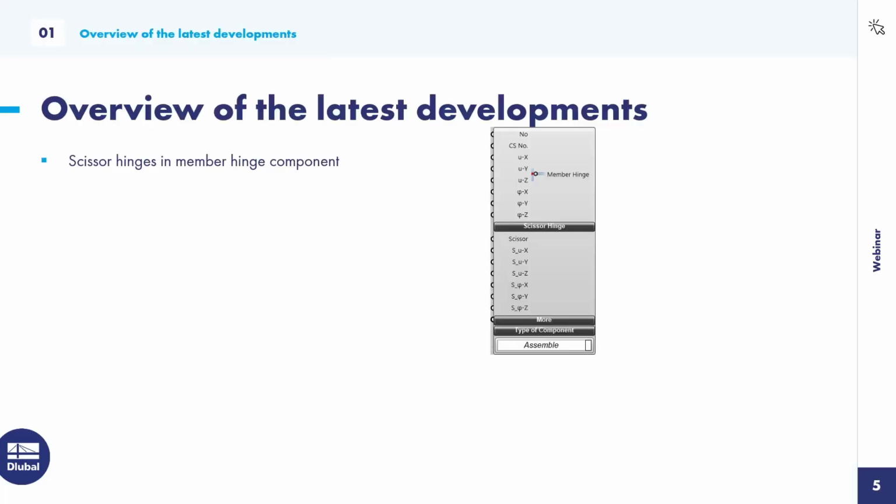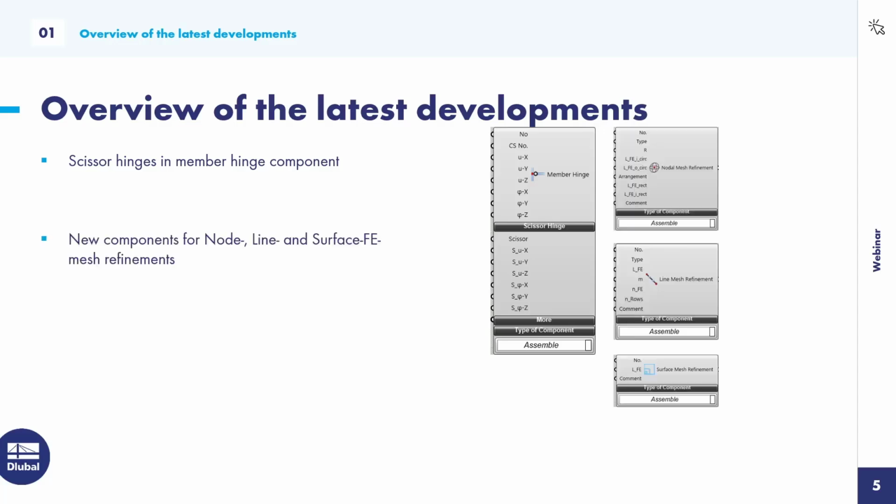By the way, most of those implementations came from customer wishes. So in case you are missing something in the plugin, please feel free to contact us. The first little feature that we implemented were the scissor hinges in our member hinge component. Additionally, we developed 3 new components for the nodal, line, and surface FE mesh refinements.